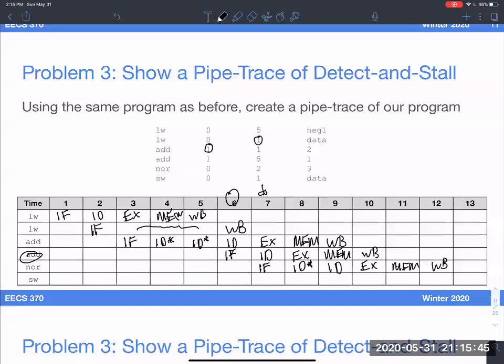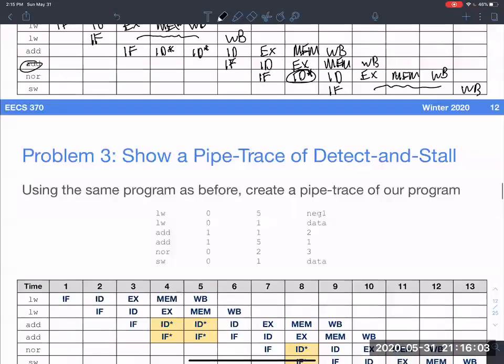Basically this ID star stage is a delay, a stall. It's a no-op being inserted into the stage as opposed to an actual instruction. And then finally, we just have our IF through write back. And the answer is what we wrote above.